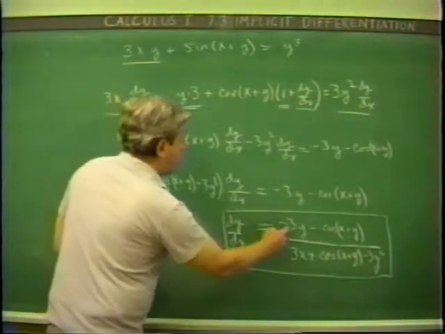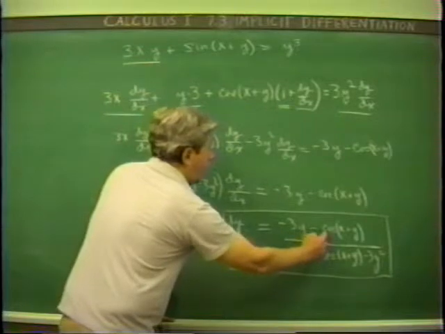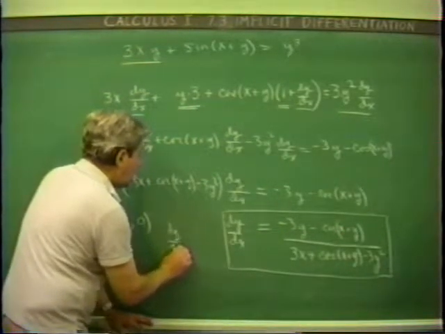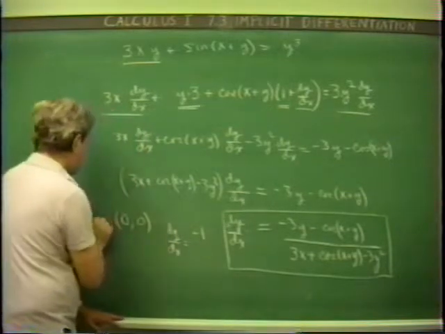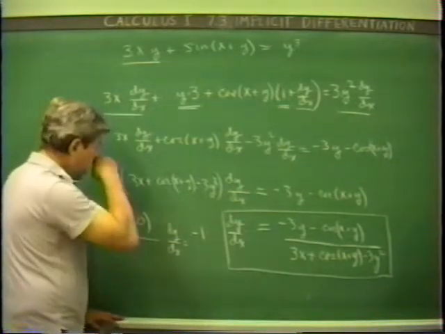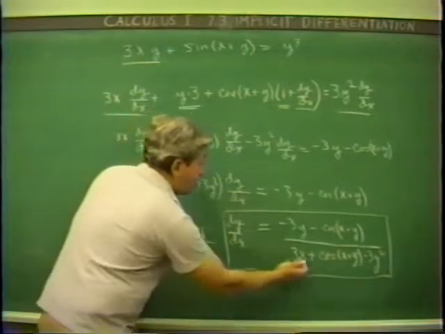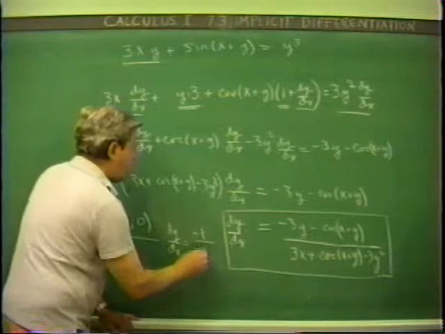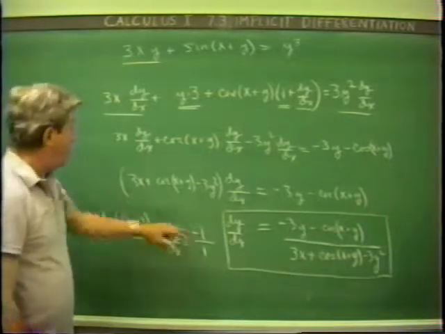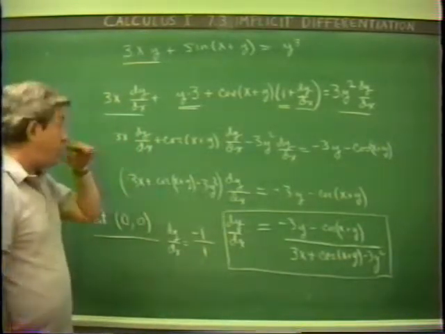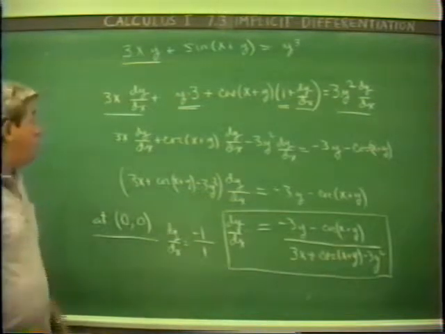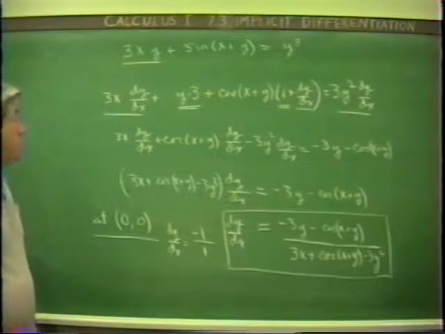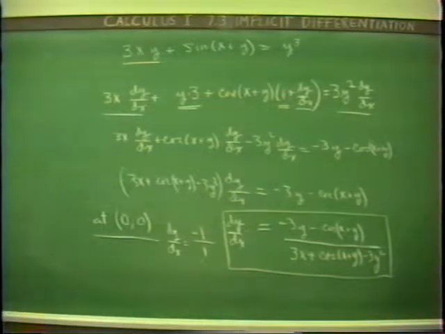And at this point, then, dy dx is going to be equal to minus 3y minus cosine of 0, so that's minus 1 over 0 and 0 here, but cosine of 0 is going to be 1. So dy dx is minus 1 at this point, where the curve crosses this point. The derivative, or the slope of the tangent, is going to be minus 1. So there's the first example.